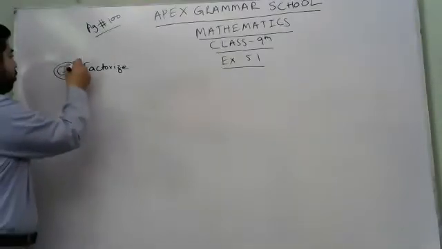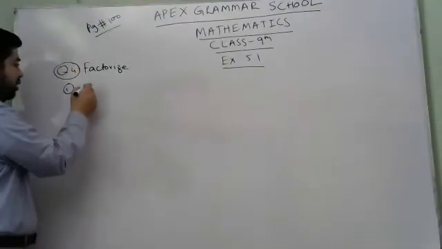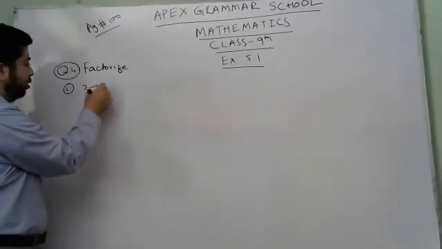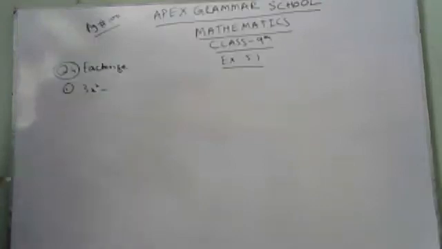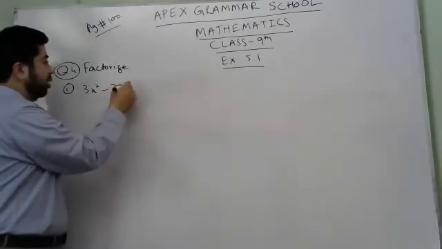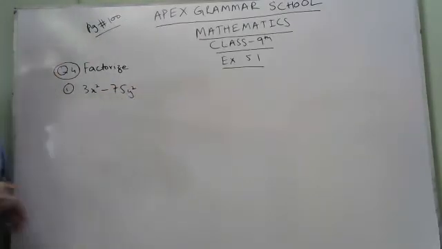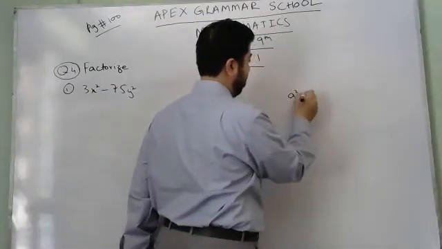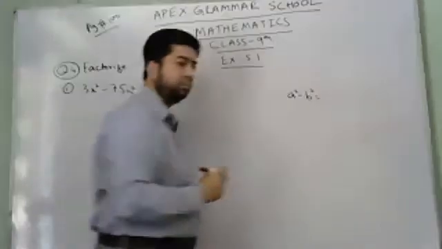For question number 4, you have to factorize part 1, 3x squared minus 75y squared. Very well, note the a squared minus b squared formula.